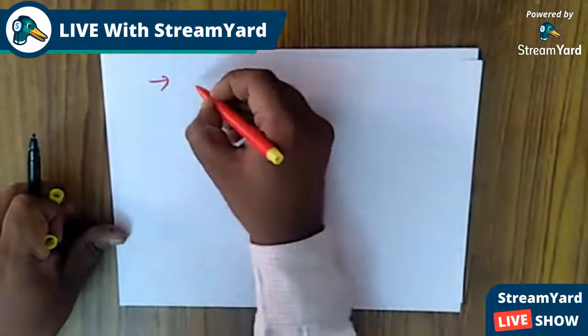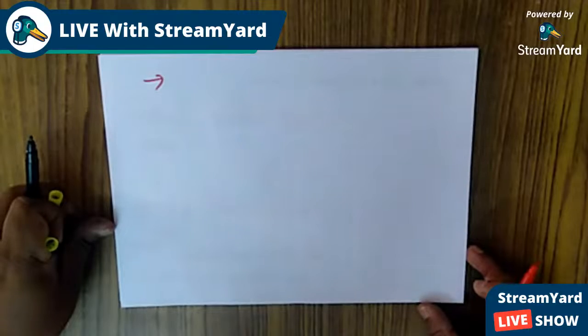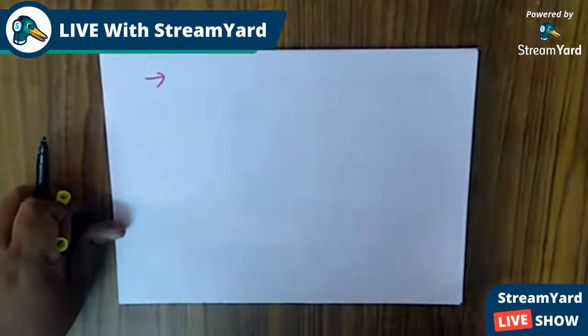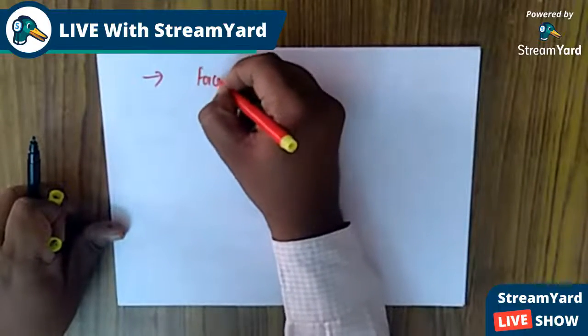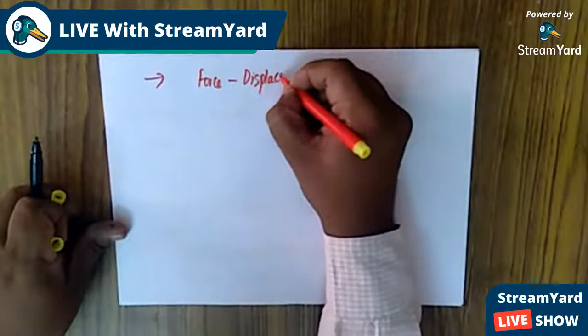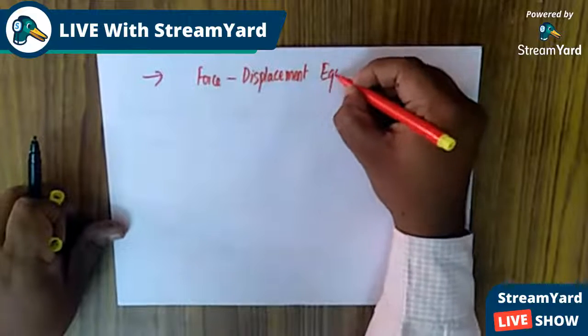Finally, in order to find the moments, that is the ultimate aim of the slope deflection method, for each span, force displacement equations are written.